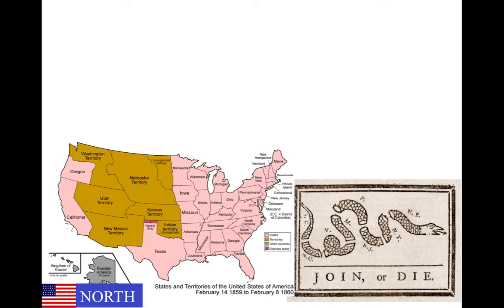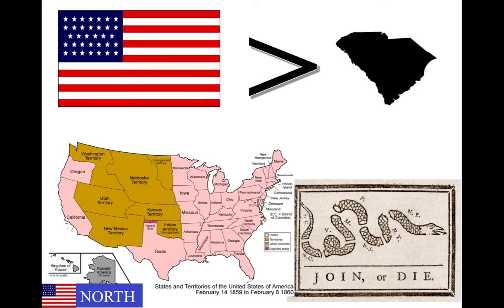And the North believed that once the colonies and the states joined together, once they formed one country under the Constitution of the United States, that country had more power than the states. So once the country's created, all of the states' powers are given to the country, and the only powers that the state has are the ones not given to the country through the Constitution. So the country has more power than the state. That's what the North thought.